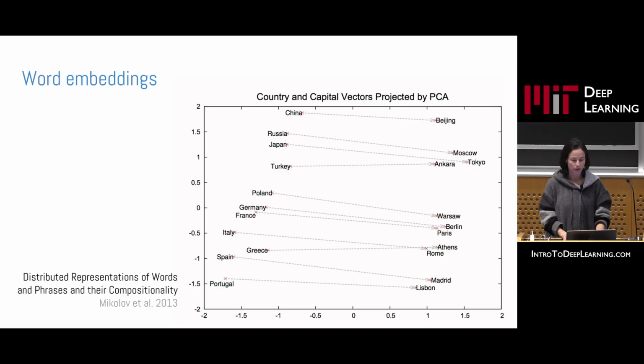Okay? If I follow that direction for Japan, I'm going to end up in Tokyo, and so on and so forth. So there are these meaningful directions in word embedding spaces that are incredibly powerful. So now let's use that to start visualizing language.